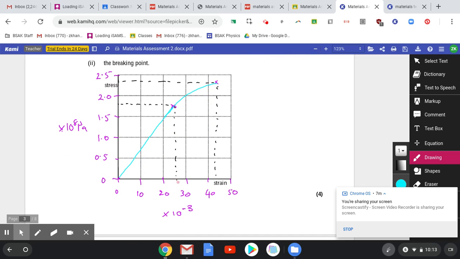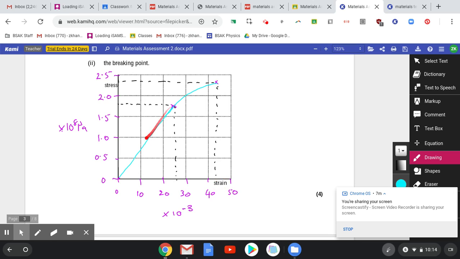So that's somewhere between 20 and 30, and that is a stress of 1.8 times 10 to the 8. Now, remember, this is strain and this is stress. We can still plot a Hooke's law line on stress and strain because this is force over a constant area, and this is strain, which is extension over a length.